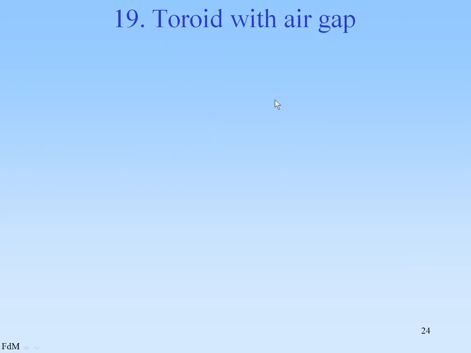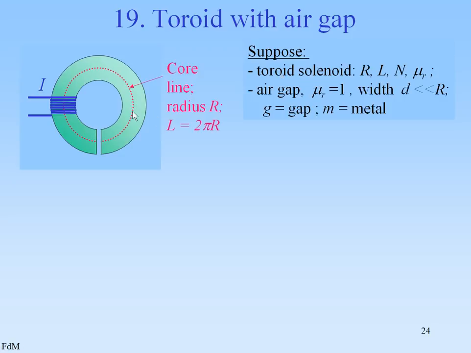Topic 19 is about a toroid with an air gap. Here is the toroid. There is a solenoid. The toroid has a radius r. It is a thin toroid. The radius here is exaggerated enormously. The core line has radius r, and we have a length L, number of coils n, and we have a mu r.